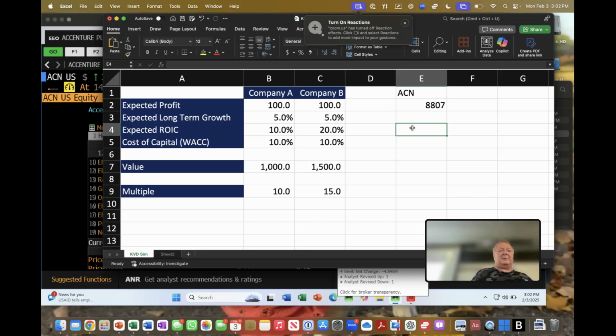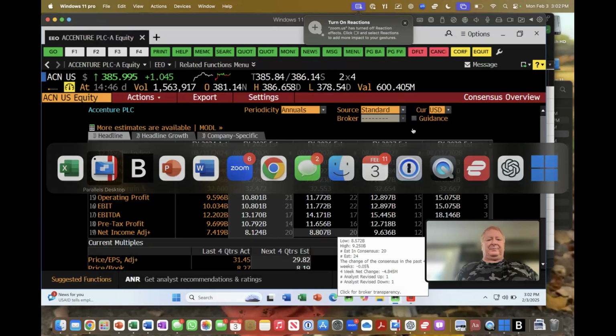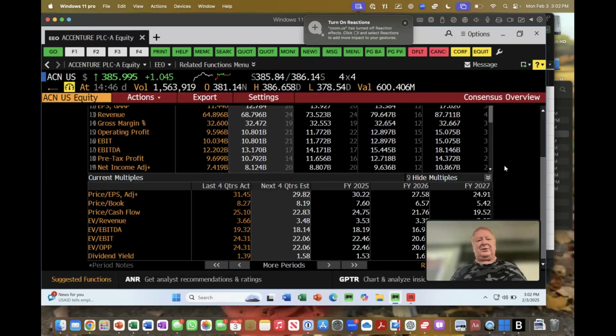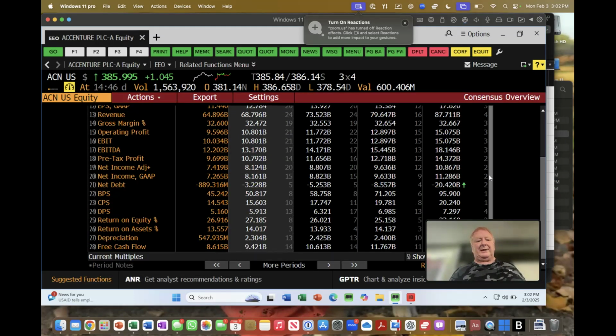So instead of ROIC, we look up ROE. For the next 4 years, Accenture's return on equity, 27%, 26, 25, 23. I'm going to say longer term is probably closer to 23 than 28, 27. So 23 and a half, somewhere in that range. Okay. Accenture's long-term return on investment.